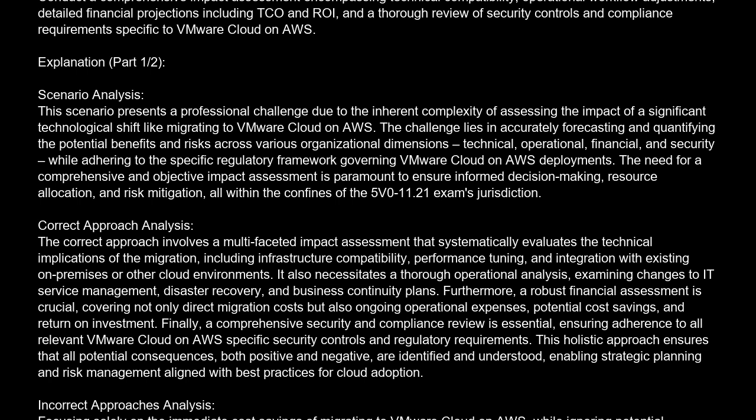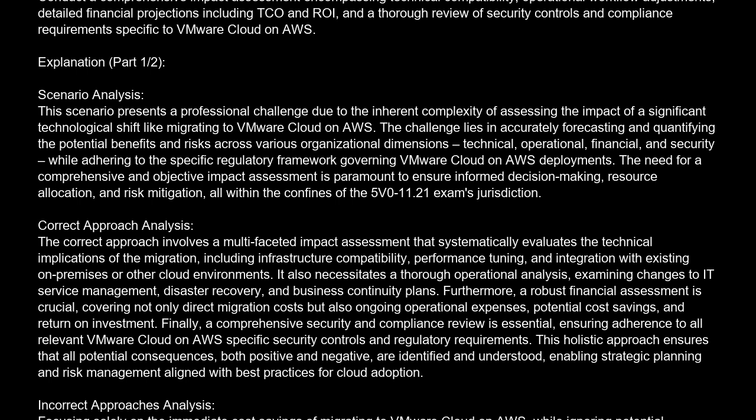Correct approach analysis. The correct approach involves a multifaceted impact assessment that systematically evaluates the technical implications of the migration, including infrastructure compatibility, performance tuning, and integration with existing on-premises or other cloud environments. It also necessitates a thorough operational analysis, examining changes to IT service management, disaster recovery, and business continuity plans.